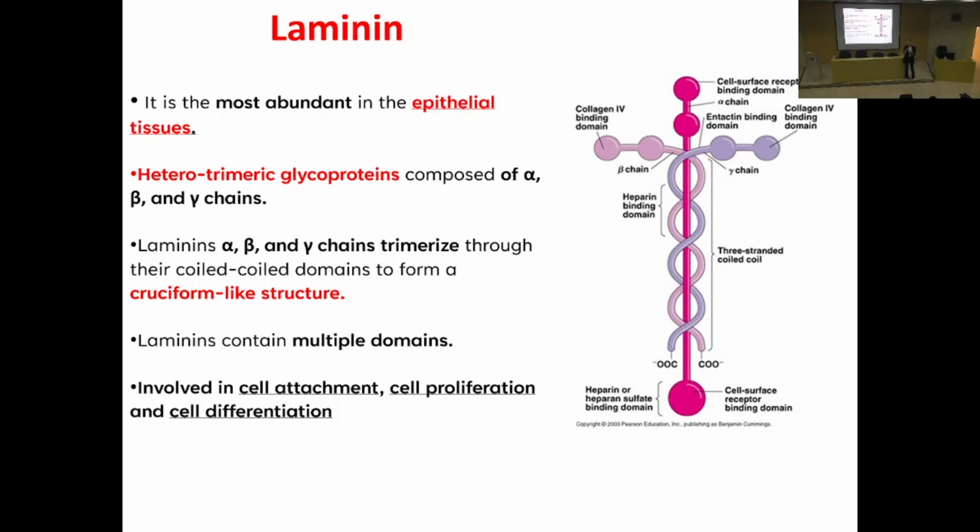Okay? Understood? You know what it means now when I say heterotrimeric glycoprotein? Hetero because the subunits are different. Tri because we have three subunits. And glycoprotein, what does it mean? It's a protein that contains carbohydrates, sugars.